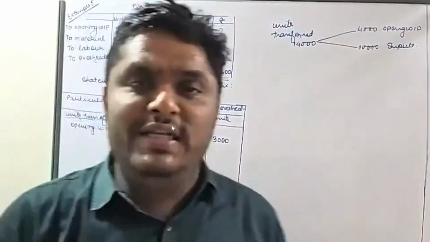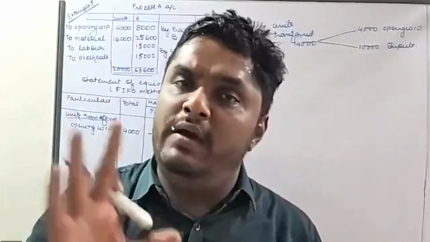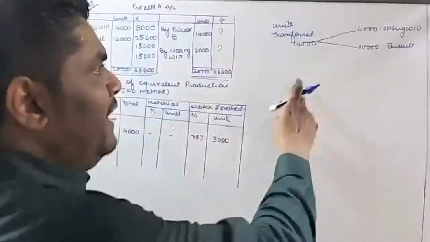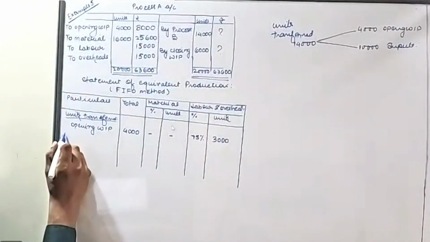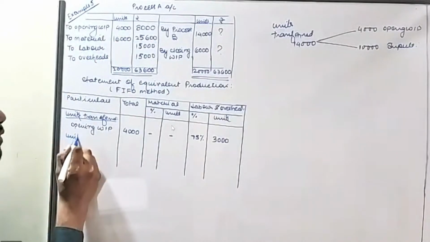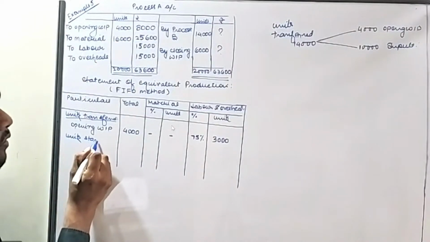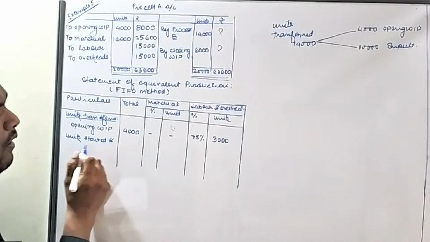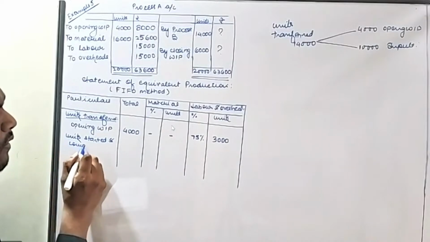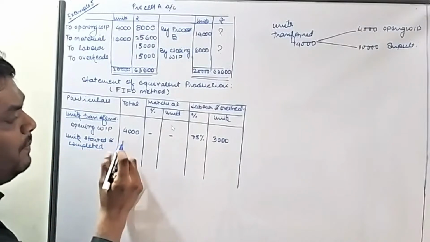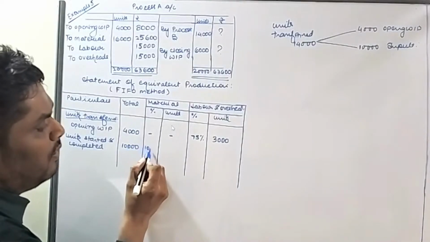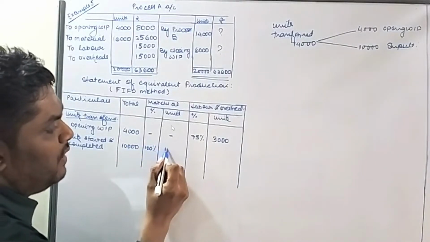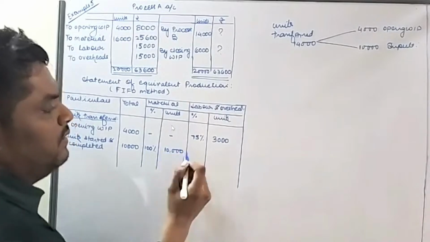Now once this much work is done, these units will be 100% processed. Thereafter the balance, that is units started and completed, 10,000 units, 100% complete, 10,000.